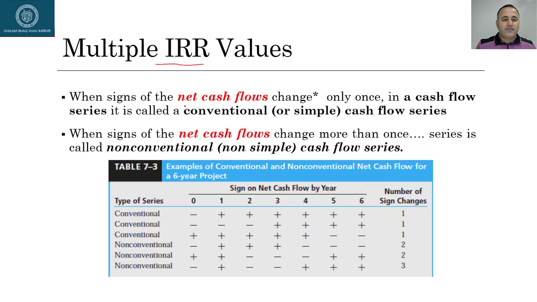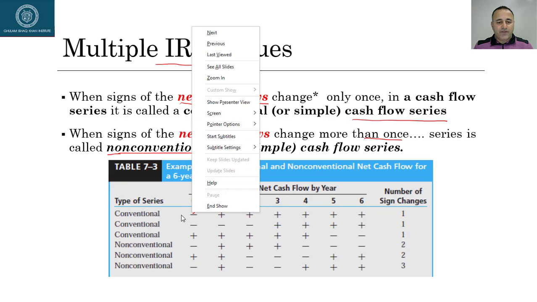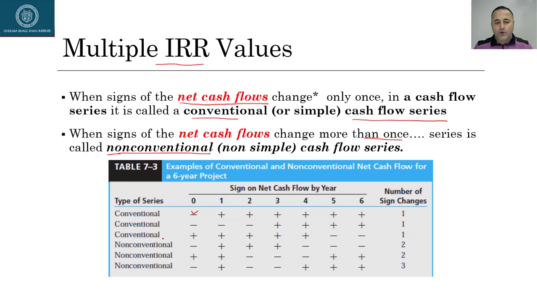When signs of the net cash flows change only once in a cash flow series, it is called a conventional or a simple cash flow series. When signs of the net cash flows change more than once, the series is called non-conventional. So for example, let's say I start initially with a cash outflow.